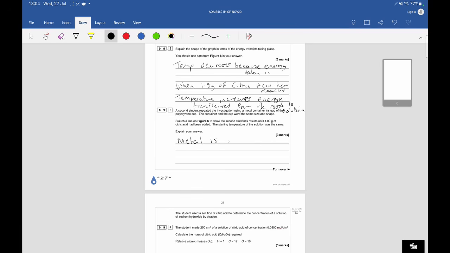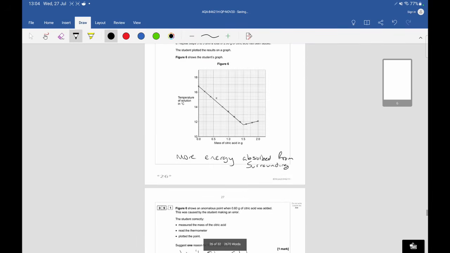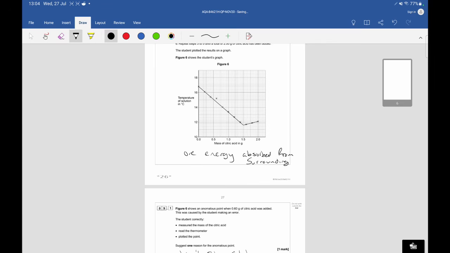The metal is a better conductor. This means more energy is absorbed from the surroundings. And it means that our reaction is still going to start at the same temperature at 16.8, but it's going to stop at one gram, and it's going to be less steep.